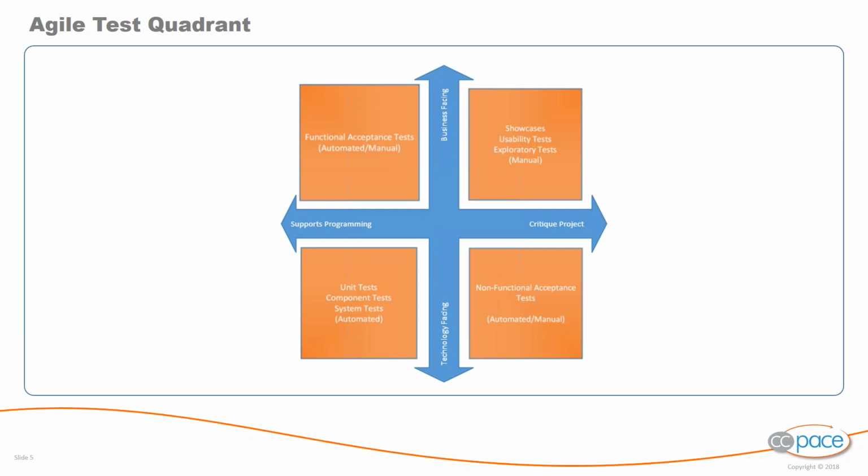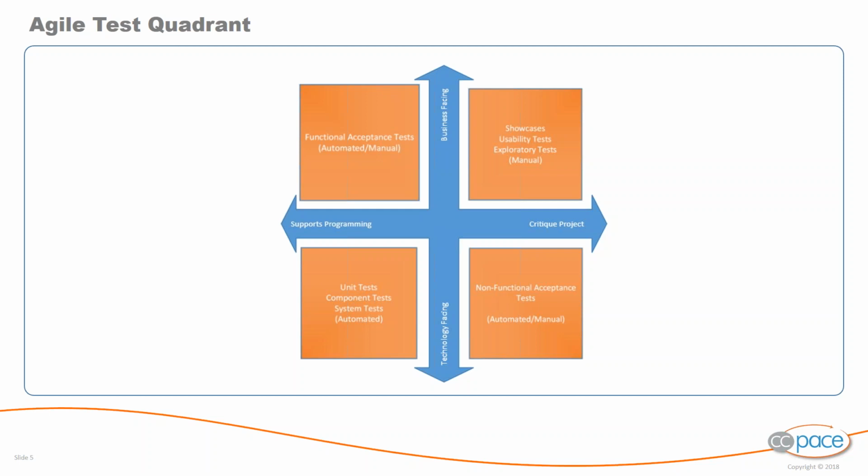So as you look at this test quadrant, the tests on the left really help ensure that the developers are building the right code, whereas the tests on the right help ensure that the code is working as expected.